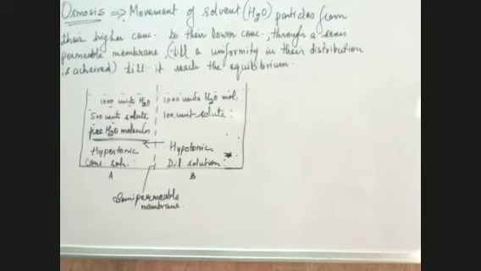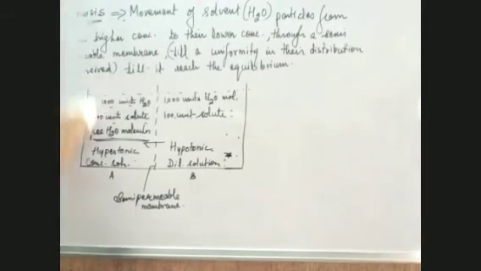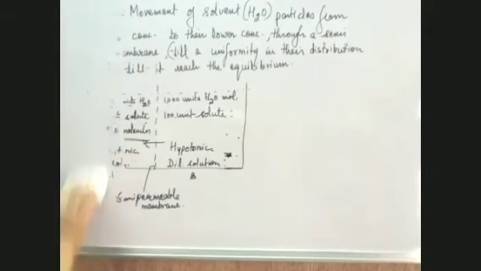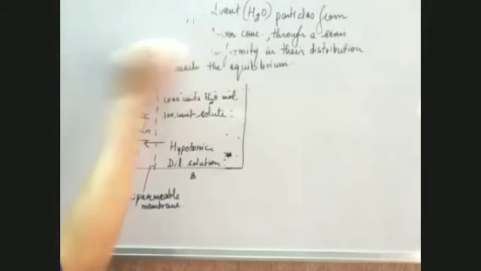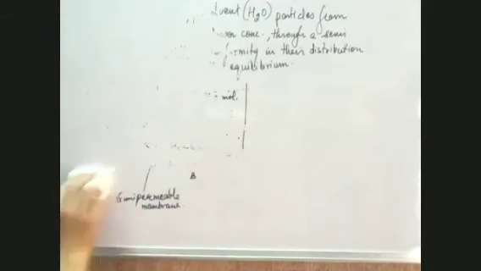This osmosis takes place in the presence of living cells also. What happens when a cell is kept in a hypotonic solution or in a hypertonic solution? Now here I'll show the osmosis in case of plant cells and animal cells.